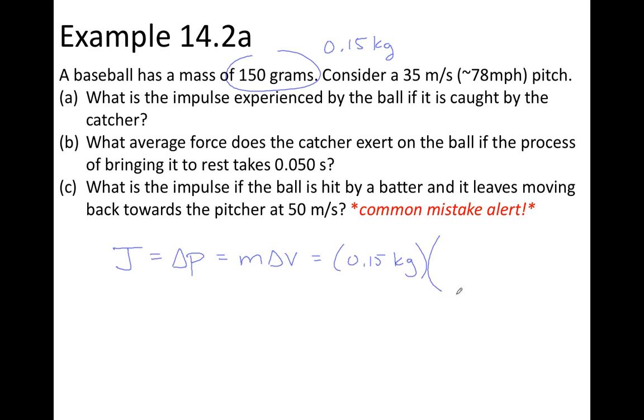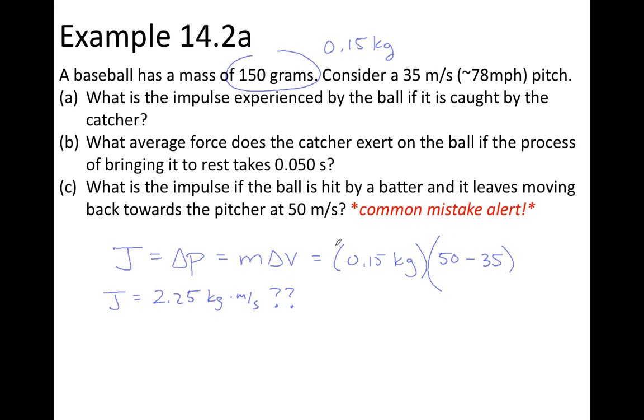I just take the final value minus the initial value. Well, the final value is 50. And before the batter hits it, it was moving at 35. So, I can calculate the impulse. That works out to be 2.25 kilogram meters per second. Now, that should be suspect.